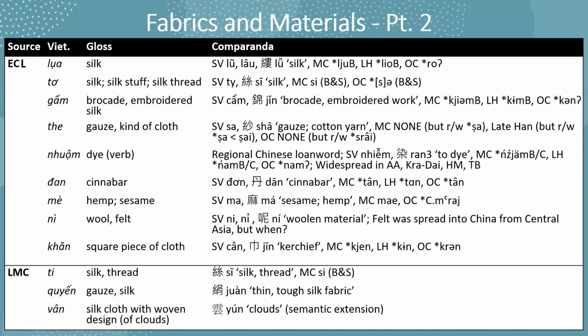And yet in the archaeological record, I thought maybe silk would have started in mainland Southeast Asia with the arrival of the Chinese, but I have seen both Vietnamese archaeologists and Cambodian archaeologists who hypothesized that silk production predated the Chinese arrival. So I don't know what to say, but I can say that the Chinese loaned a lot of words related to silk production to the Vietnamese from a very early period.